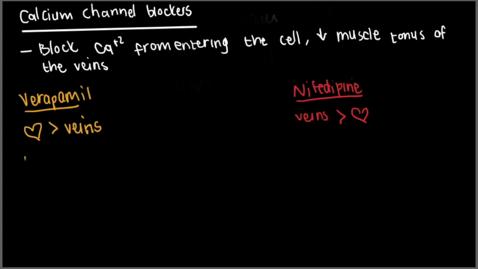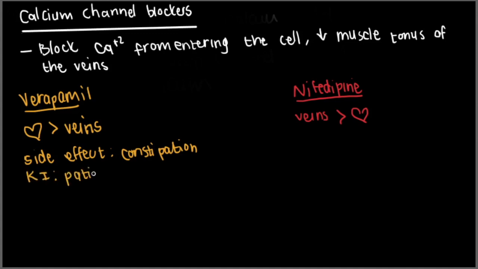One of the side effects of verapamil is constipation. And the contraindication is going to be patients using digoxin. This is because it also slows down the conduction of the heart, and thus the heart rate is slowed down, just as with digoxin.